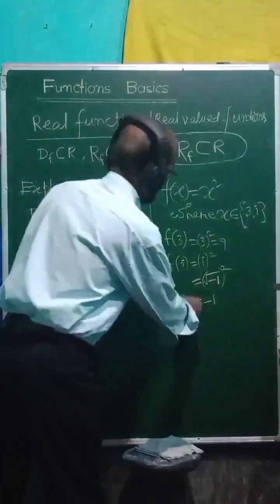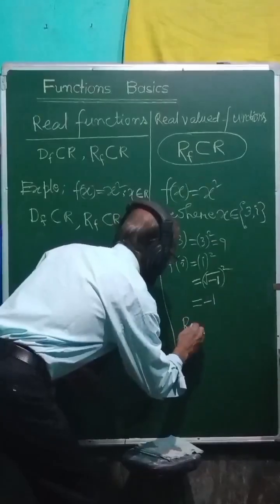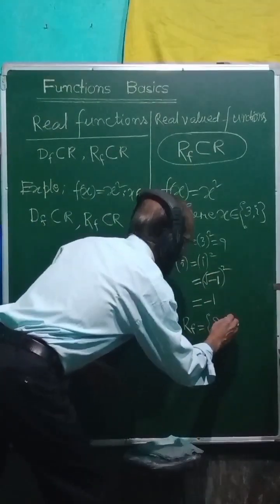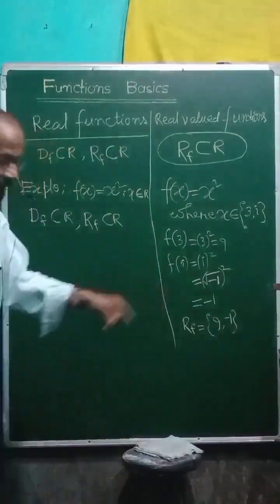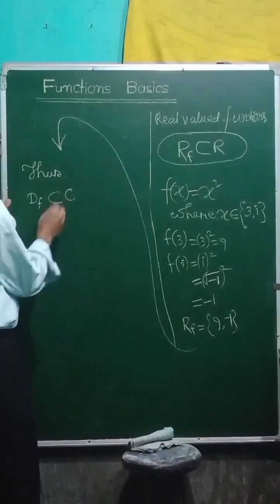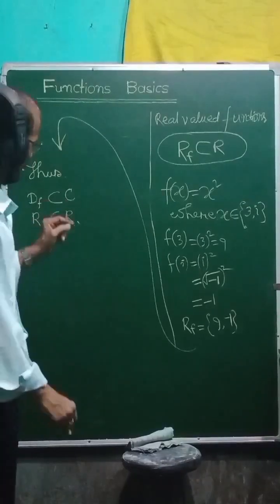Now you understand definitely: corresponding to these 3 and iota, our f is equal to 9 and minus 1, two elements. Thus Df is a subset of complex numbers, and Rf is a subset of real numbers.